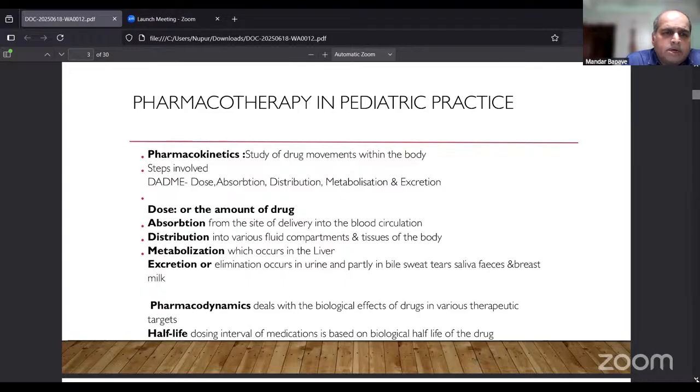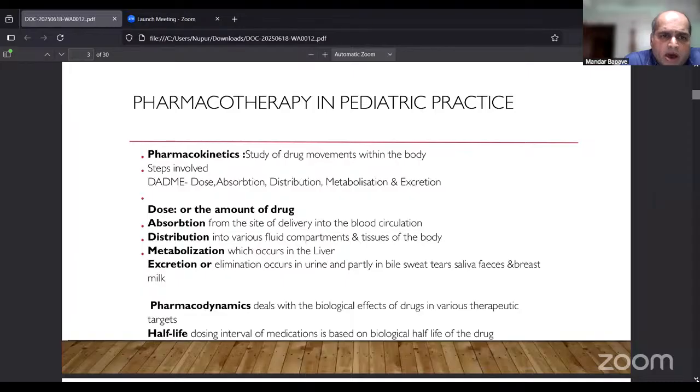And from that, how absorption occurs at the site of delivery into the blood circulation. Then there is distribution of that particular drug to the various fluid components and tissues of the body. Metabolism occurs in the liver. And finally, the drug is eliminated in urine, but some part of the drug is excreted in bile, sweat, tears, feces, and breast milk.